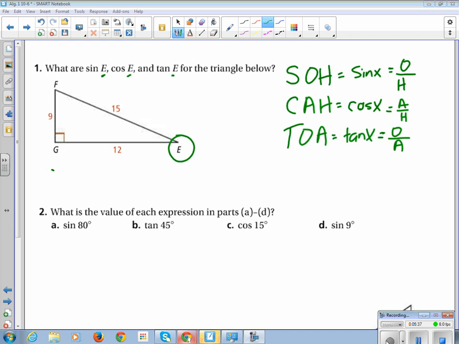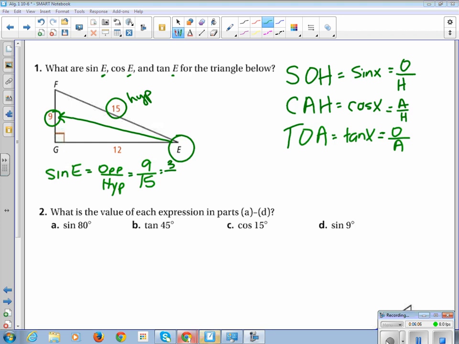So my sine of E is my opposite side over my hypotenuse, and my opposite side has a length of 9, and my hypotenuse has a length of 15. And let's reduce this down because I know 3 goes into both of those. So 3 goes into 9 3 times, and 3 goes into 15 5 times. So the sine of E is 3/5.